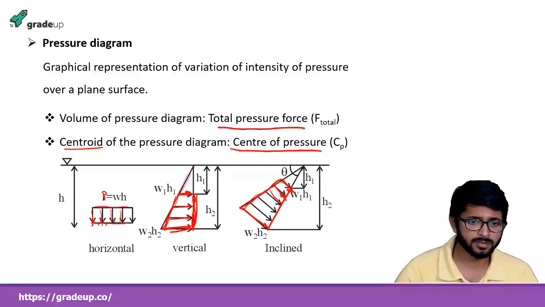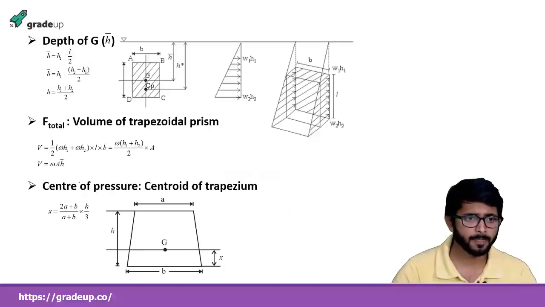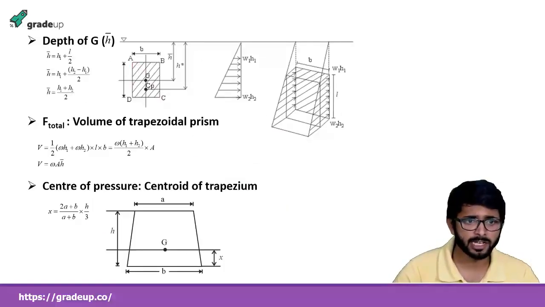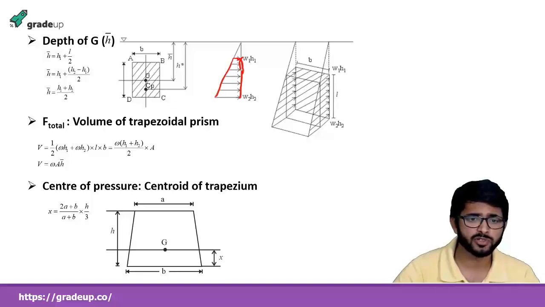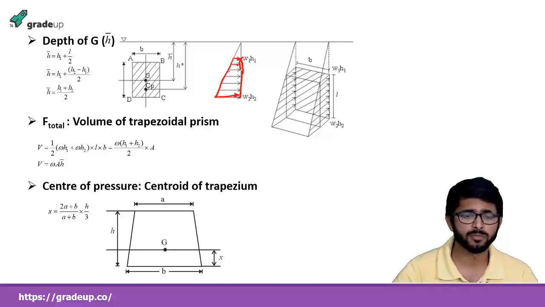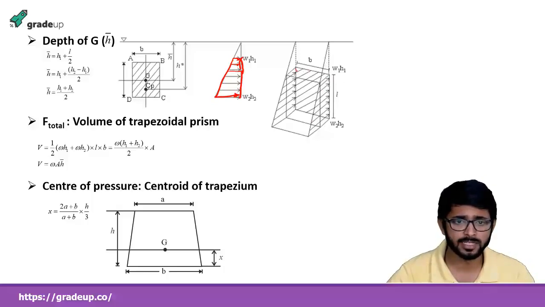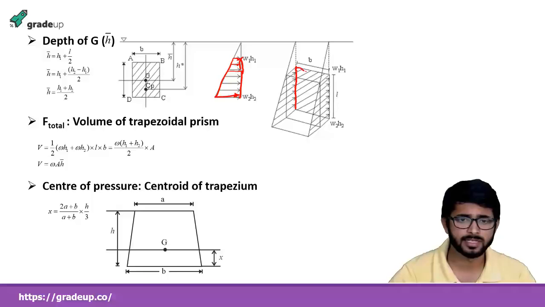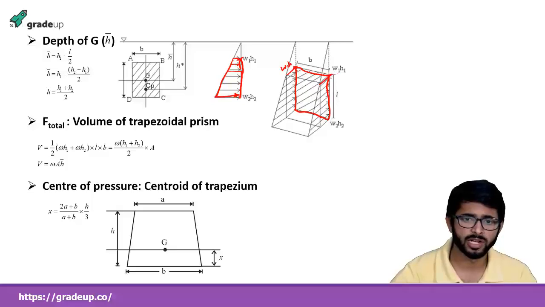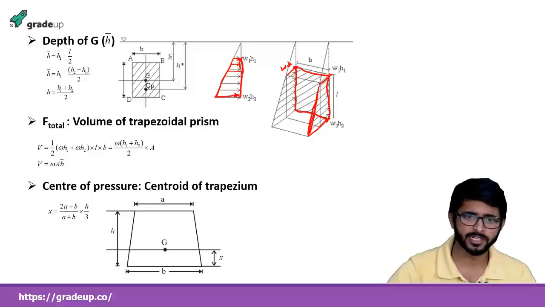In this diagram, we can understand clearly. Say, in the vertical plate, taking its side surface, the pressure is acting again this way. It is the trapezoidal form, the pressure diagram form. And in the 3D diagram, we can say this surface is the plate, and this is omega 1 H1. Here also omega 1 H1. Moving downward, this will become omega 2 H2, and this is the slope of the pressure gradient.